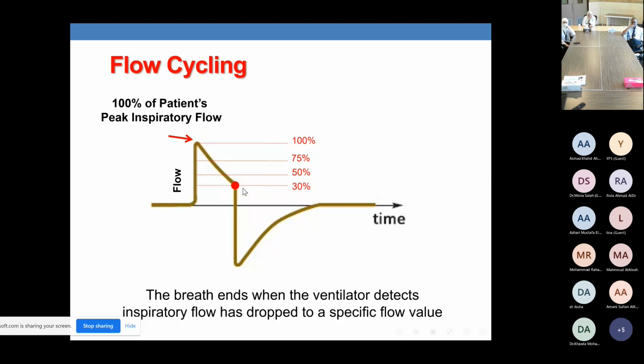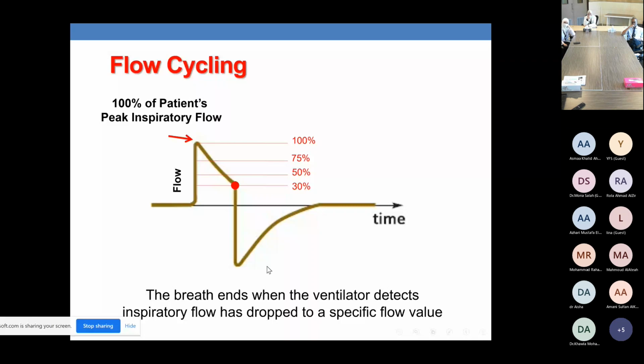So when it reaches the remaining 20% of the flow from here, it will open the cycle. This is the way it works. So just keep in mind: if the flow is not reaching 0 and you put PSV, this means that we are doing flow cycling. So this is not a short inspiratory time. No, this is something you have put from the beginning in the settings.